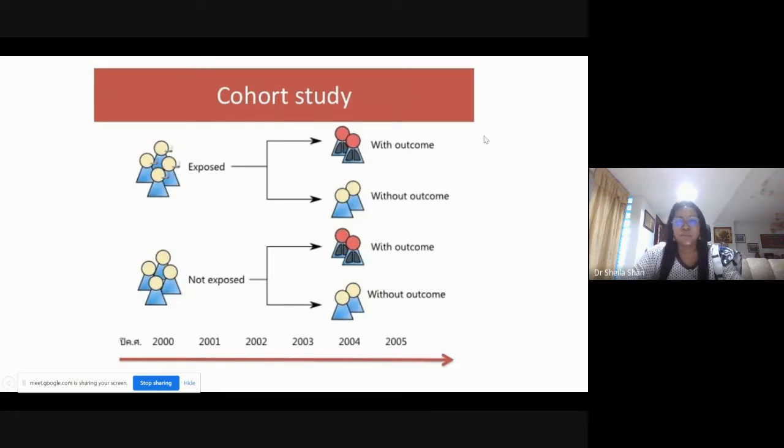For example, COVID: in the exposed group, one got the COVID disease and another person did not get COVID. And then the people who were not exposed at all also might get it, and another group might not get it. So this is an example of a cohort study.